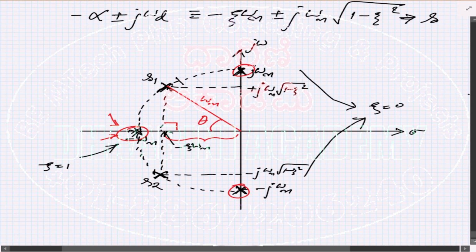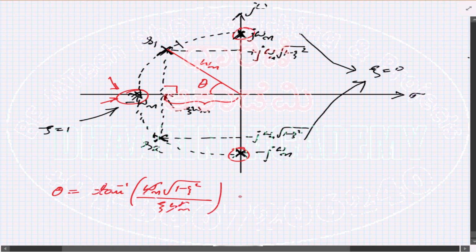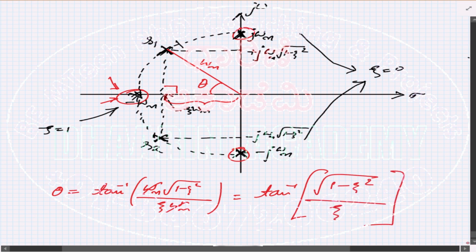Okay, so what is this angle theta? Can you try to define? Right. So tan inverse, if you want to use this, is omega n into root of 1 minus zeta square whole divided by the adjacent, which is zeta into omega n. So omega n cancels, so your ratio becomes tan inverse of root of 1 minus zeta square whole divided by zeta.